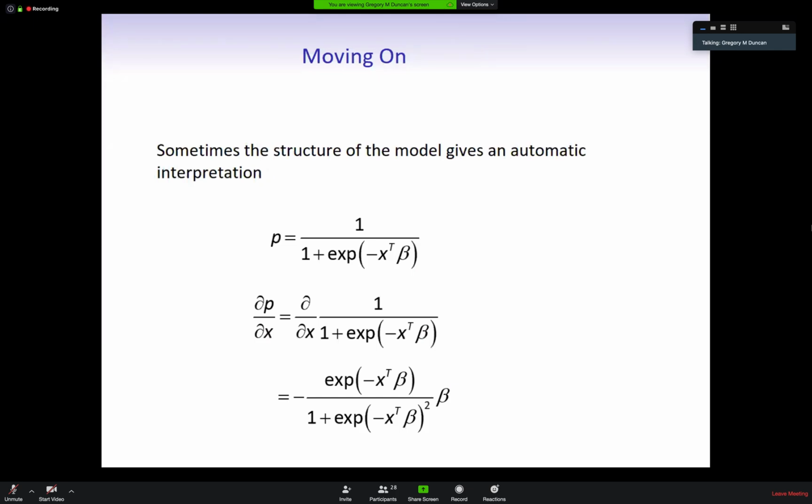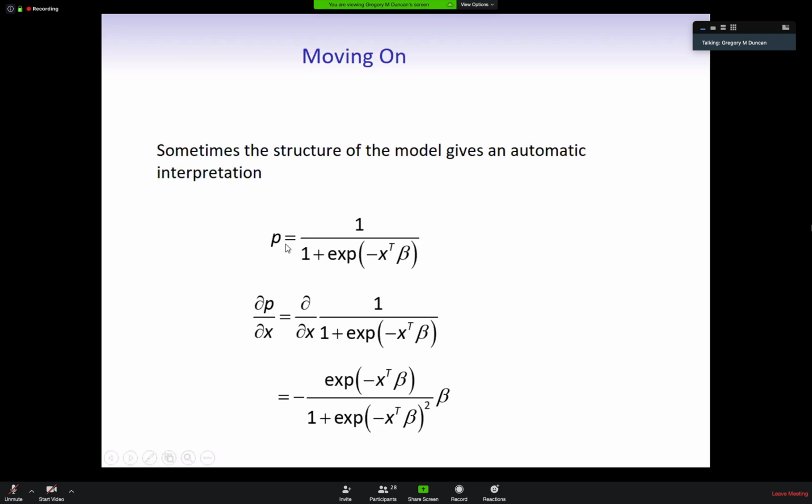Sometimes the structure of a model will give an automatic interpretation, like it does in a regression. In a regression, you have x beta, and the betas are the effect of changing x on the expected value of y given x.